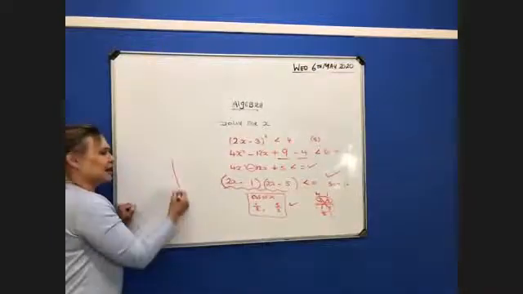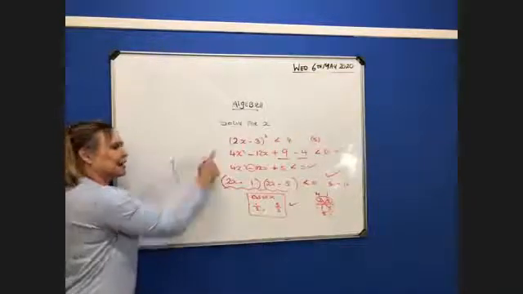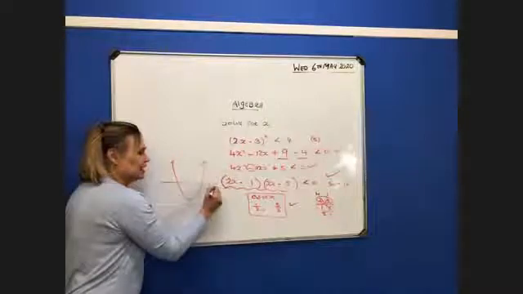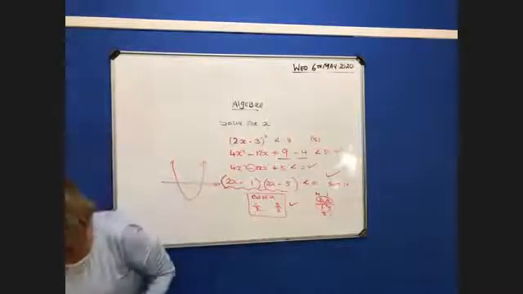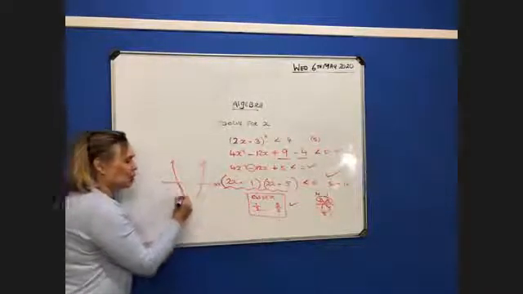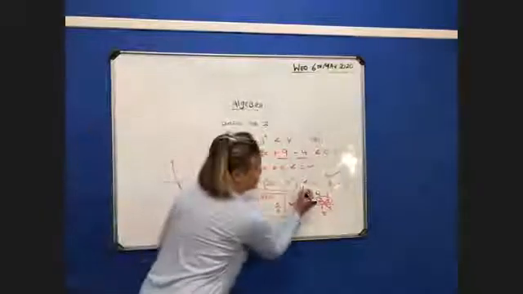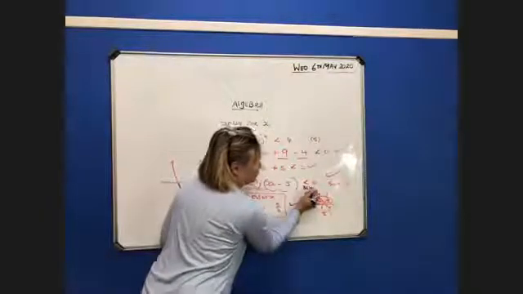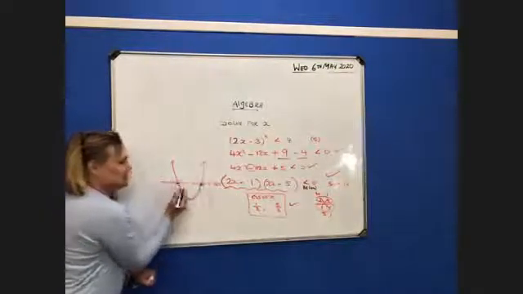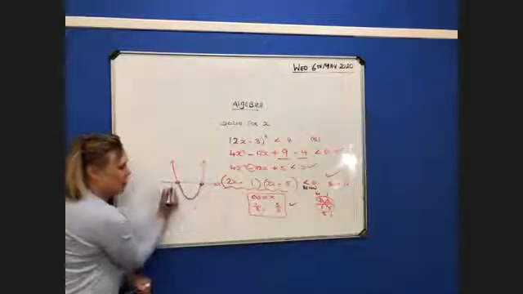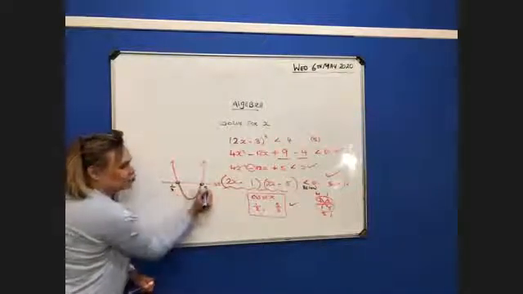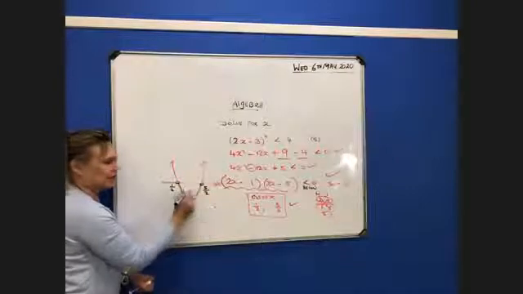Now remember, a parabola is a parabola. It's a happy parabola. If that is my x-axis, for what value of x is the parabola below the x-axis? That's what it means. Not on, not above, below. So do you see the CVs? A half would be on the left, and 5 over 2, which is just 2.5, would be there.